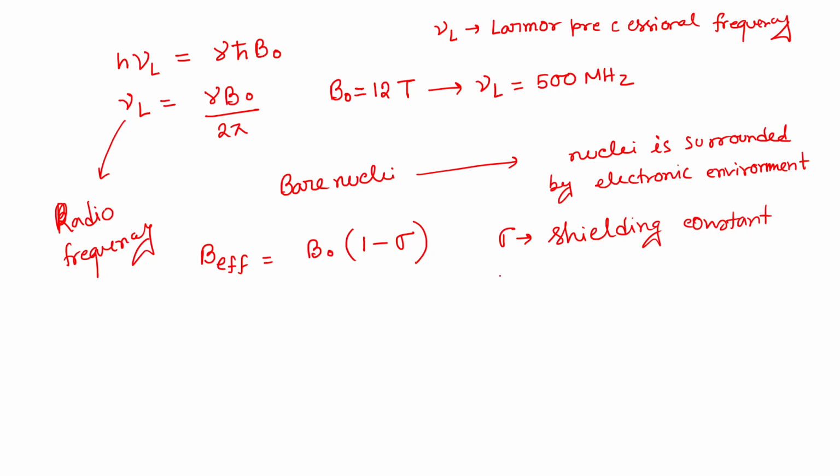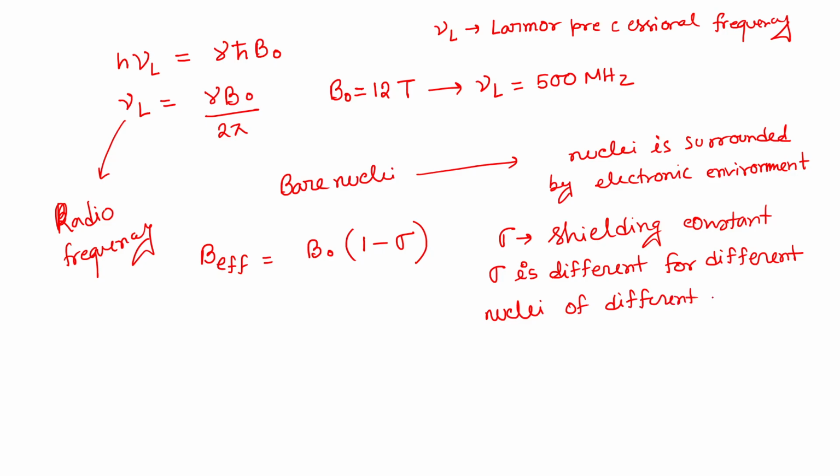And this sigma is different for different nuclei of different electronic environment, and this is what actually makes the difference in the spectra, to give you different Larmor frequency of different protons.